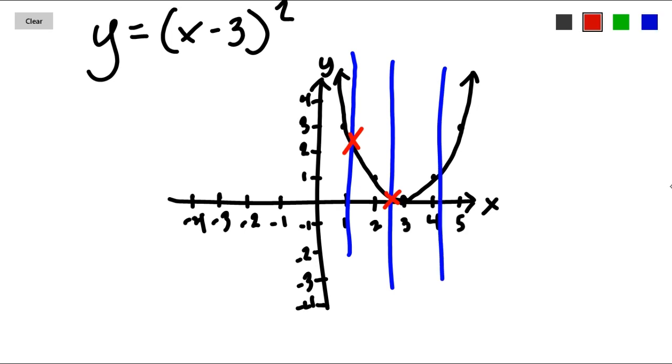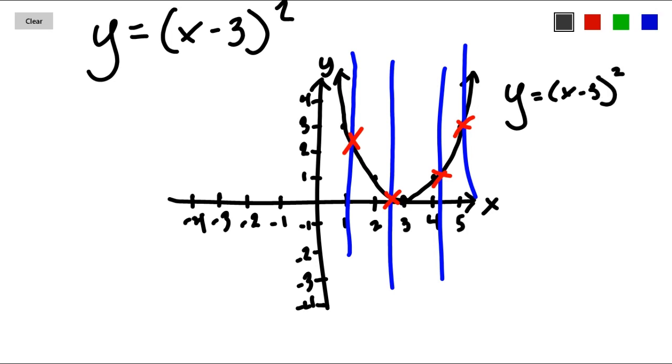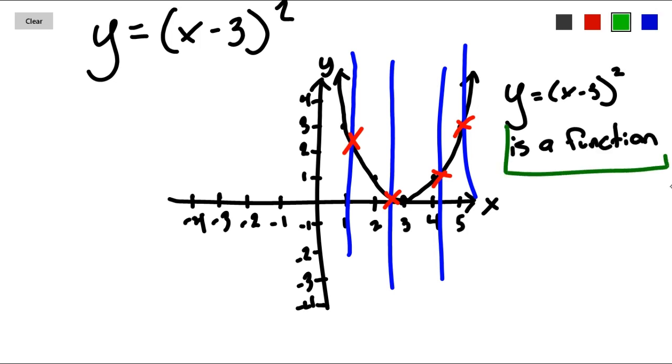Every time I draw a vertical line at any point, it's only going to cross the graph one time. Whenever you only have one intersection for each vertical line you draw, then this thing is a function. So y is equal to (x minus 3) squared is a function, because this is what we would call passing the vertical line test.